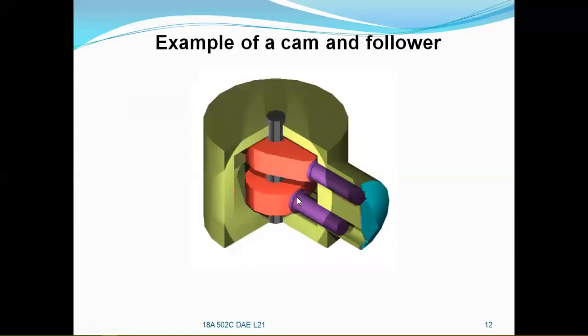Here you can see once again the same example, IC engines, where the valve is opening, and here are also flat followers. As we are seeing, it is having reciprocating motion and rotary motion. This is the follower, this is the cam, the disc cam or plate cam, and this is the camshaft.